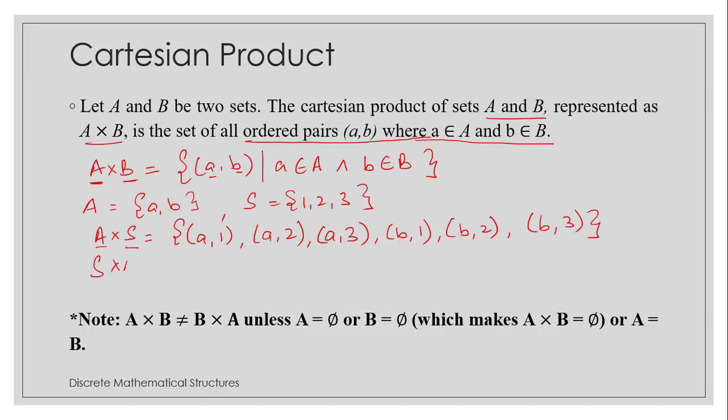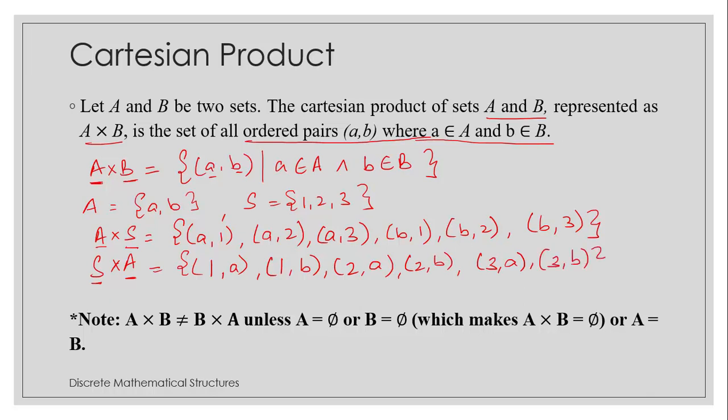Now if we find S cross A, the difference will be that the first element of the ordered pair will come from set S and the second element of the ordered pair will come from set A. So here (1, a), (1, b), (2, a), (2, b), (3, a) and (3, b).